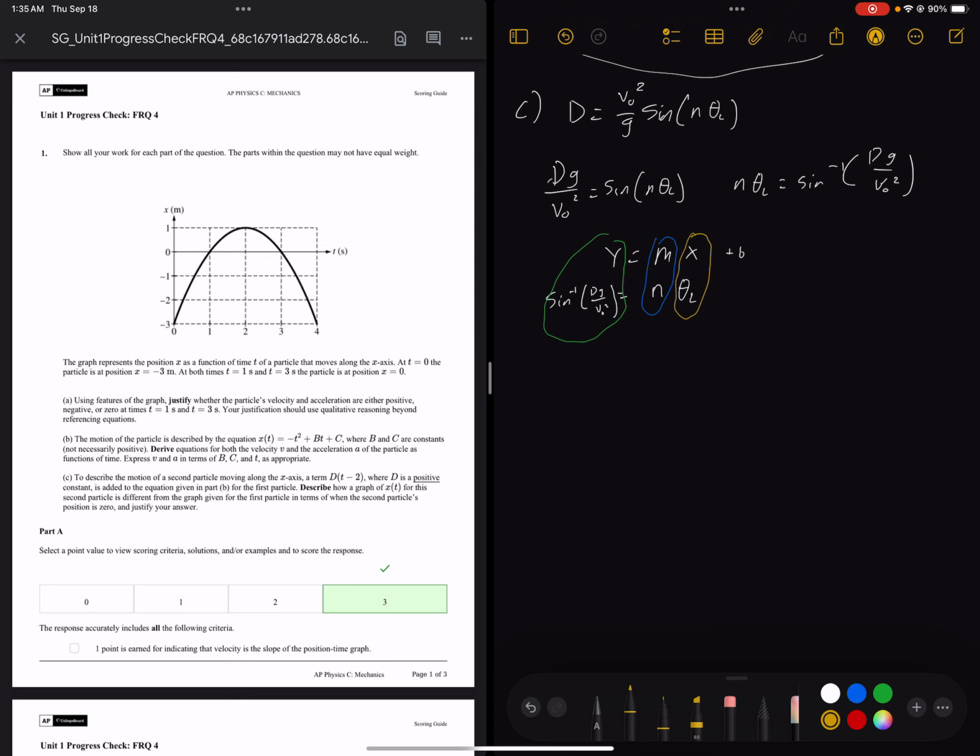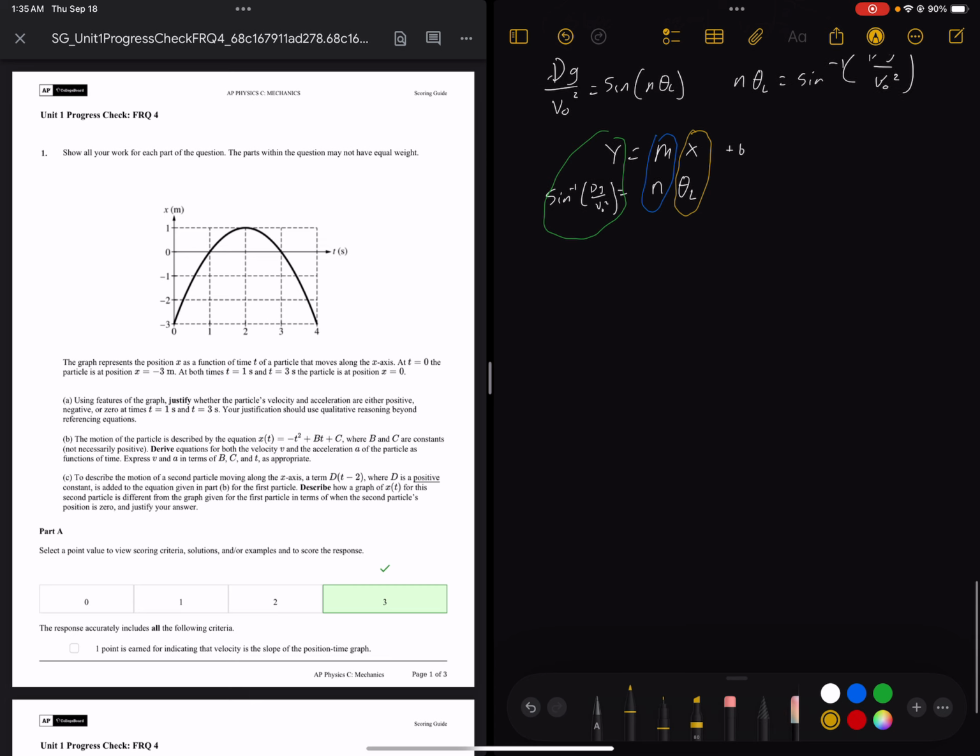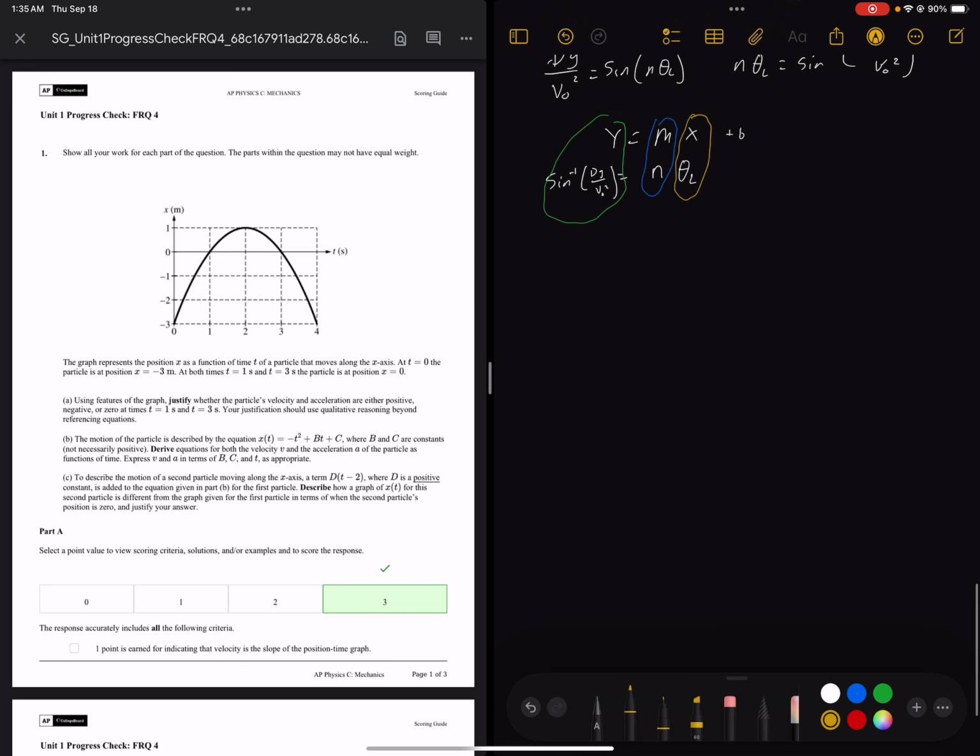So here I know that at t equals 1, so this is number 4, let me change back to white. At t equals 1, the slope of x of t is positive.